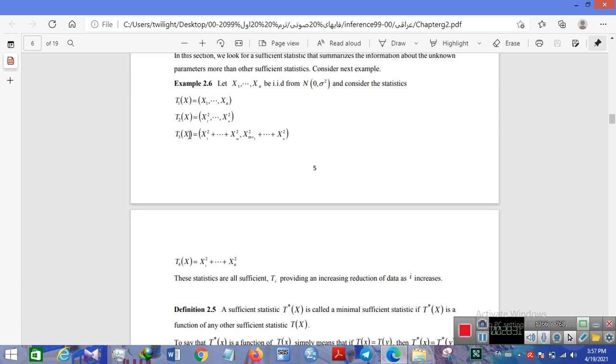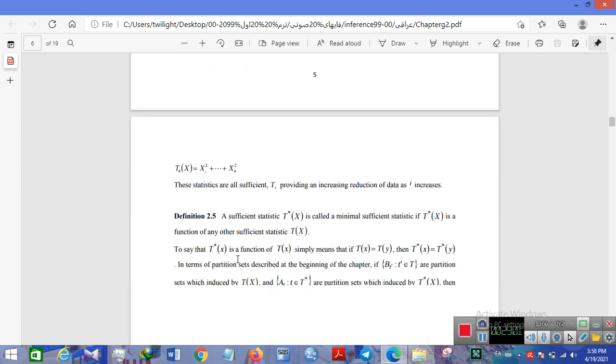T_1, T_2 to T_4 all are sufficient statistics, but when the index increases, the dimension of the data decreases, or the data are much more summarized. So the last one is a minimal sufficient statistic.